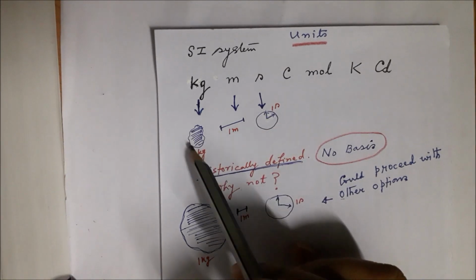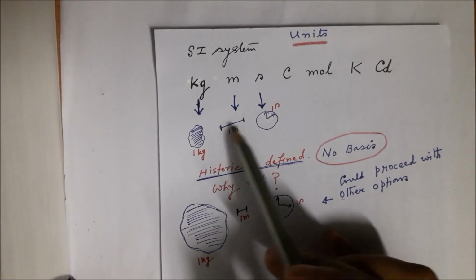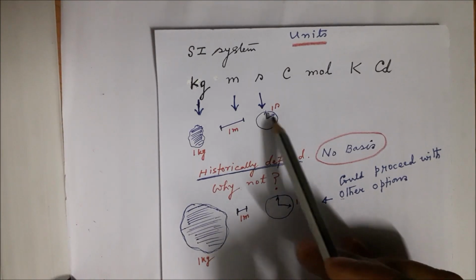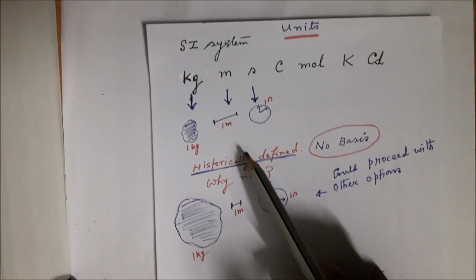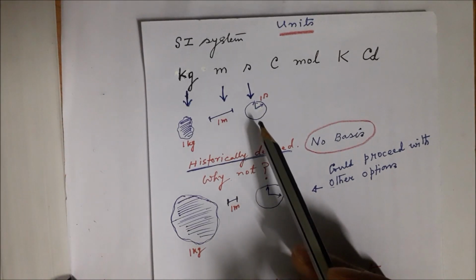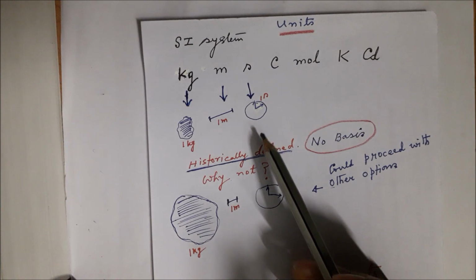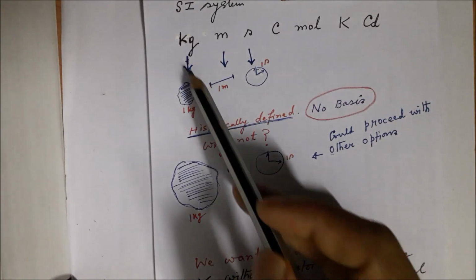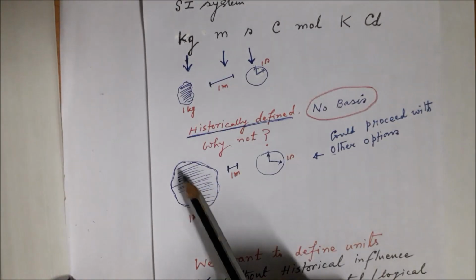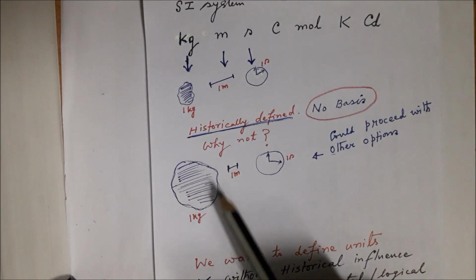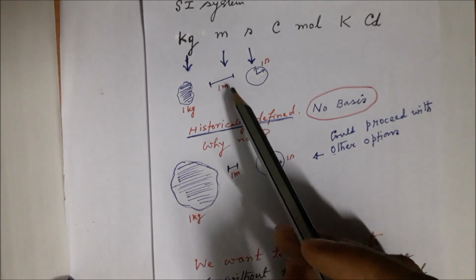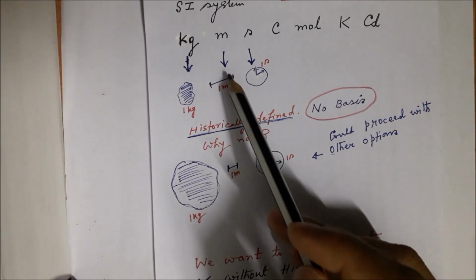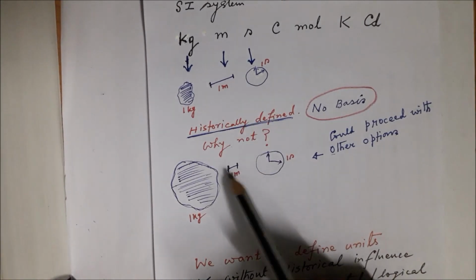Now this certain amount of mass, certain amount of length, or certain amount of elapsed time was defined historically and has no basis. What if kilogram from today is defined as a larger amount of mass? A meter, instead of the specified amount which we all know, 100 centimeter, is taken to be a shorter length.